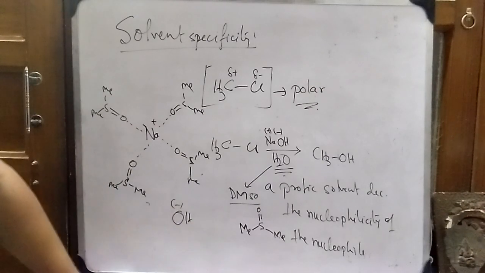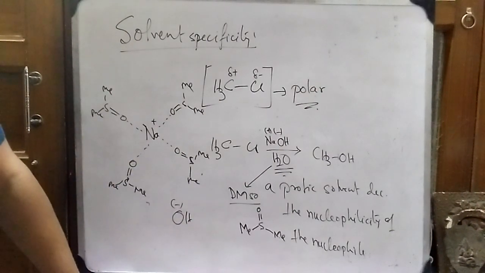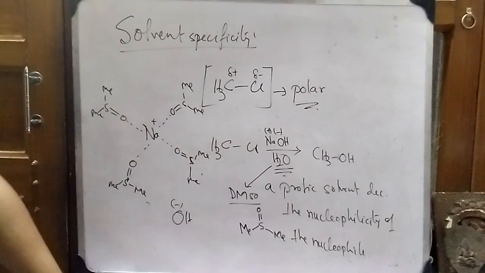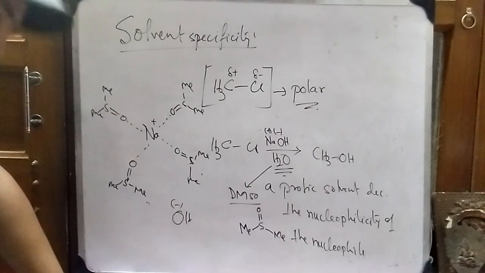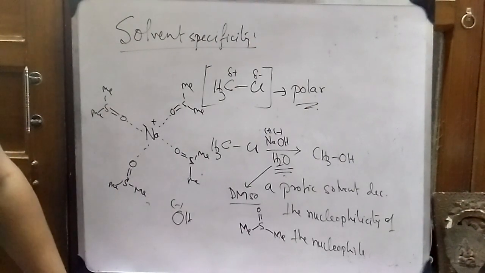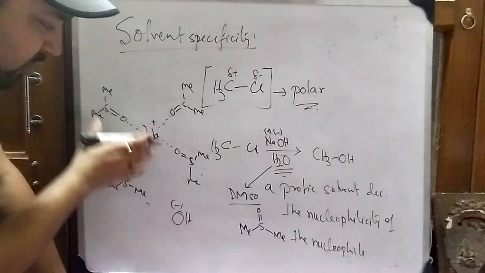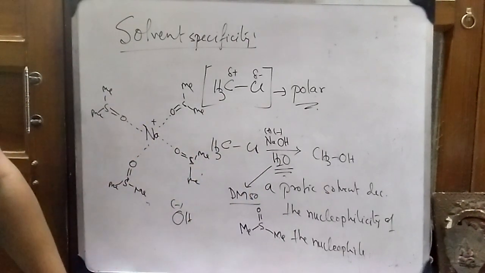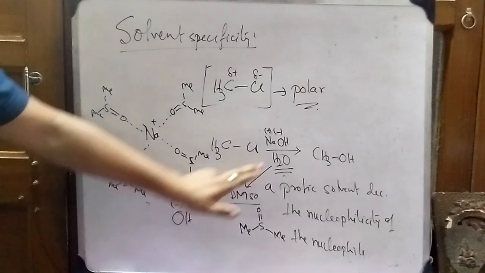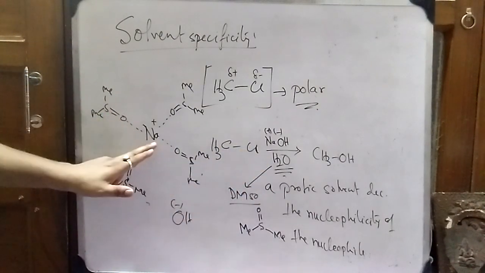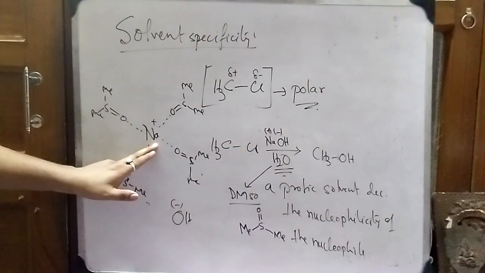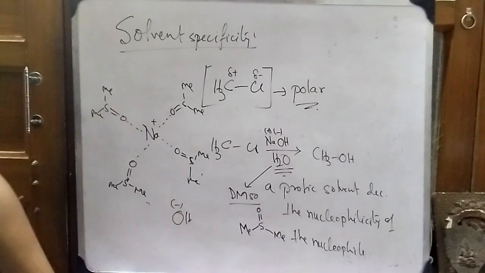So this OH minus should be of higher concentration and should be free to attack. If it is solvated with water or its own counterpart, if it is attracted towards H plus of water or its own electrophile counterpart Na plus, then its nucleophilicity will decrease highly.